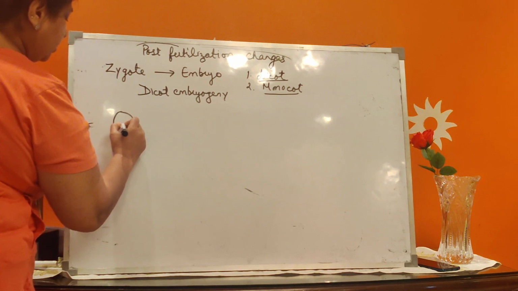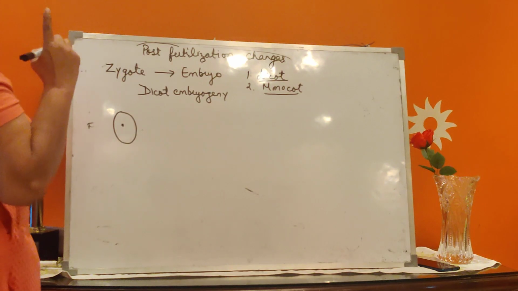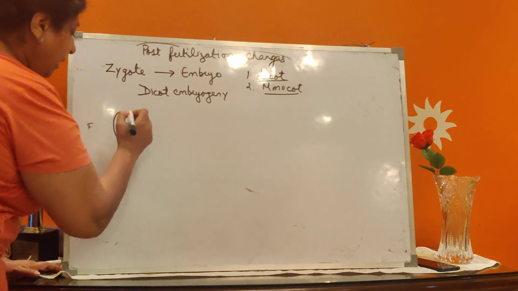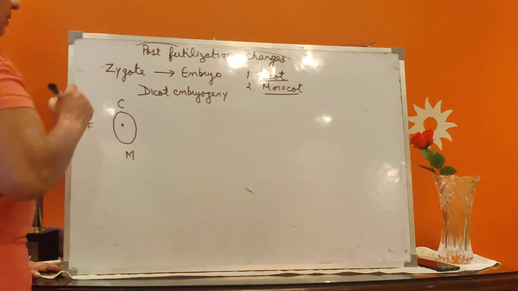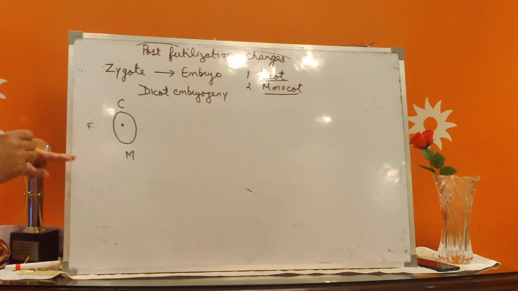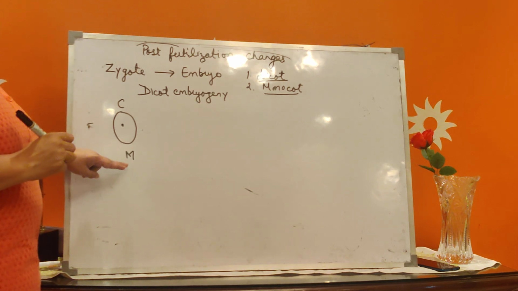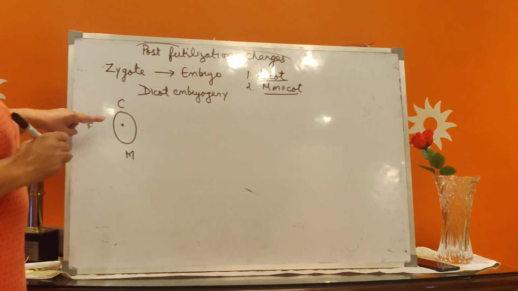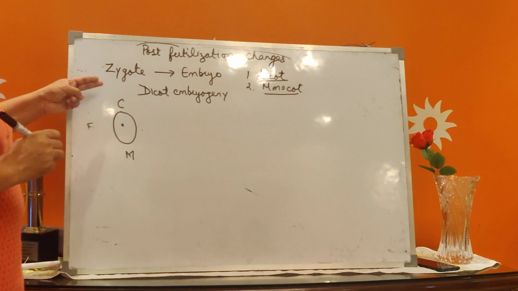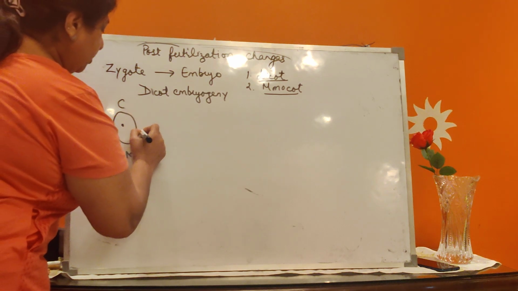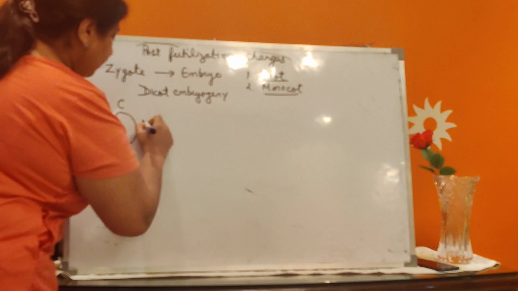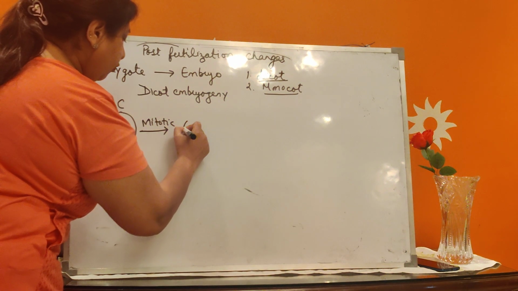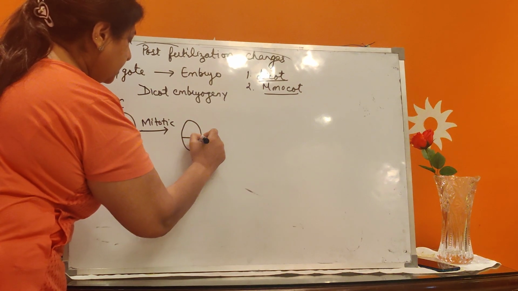This zygote has a nucleus and it has two ends. One is called the micropylar end and the other is called the chalazal end. The zygote is formed near the micropylar end because the synergids are there, you must be knowing about that, and the opposite end is called the chalazal end. When it undergoes division, the very first division is a mitotic division, and it forms two cells.